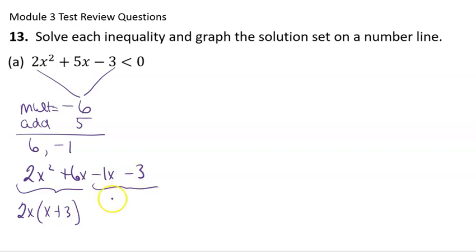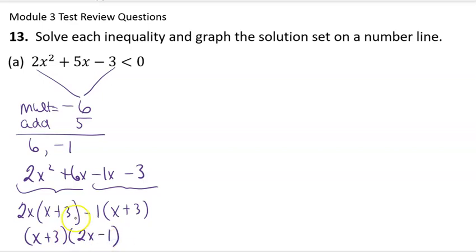When these two group together, a -1 factors out, and that leaves you with the same common x plus 3. You pull that common x plus 3 out, and you're left with 2x minus 1. So the greatest common factor, once again, is x plus 3. I pull that out, you only write it once, and you're left with the values out front, the 2x and the -1.